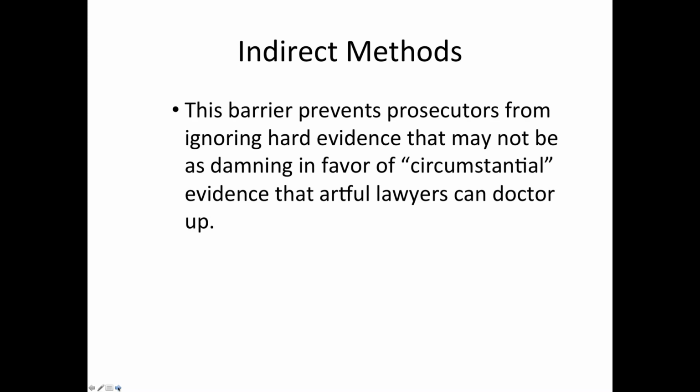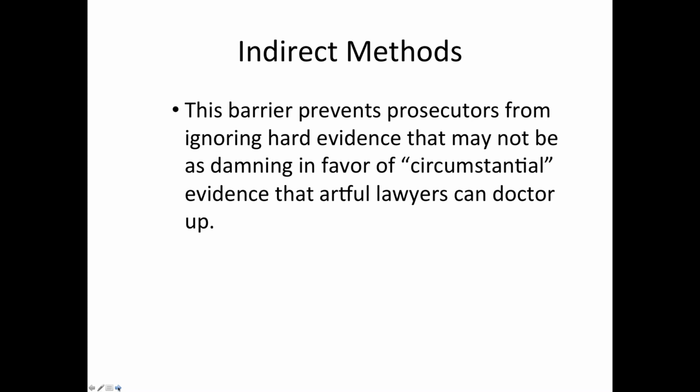This barrier prevents prosecutors from ignoring hard evidence that may not be as damning in favor of circumstantial evidence that artful lawyers can doctor up. So what I'm referring to here is that sometimes the government may want to fall back on circumstantial evidence, even though they have hard evidence, but that hard evidence is not as compelling as the circumstantial evidence is.